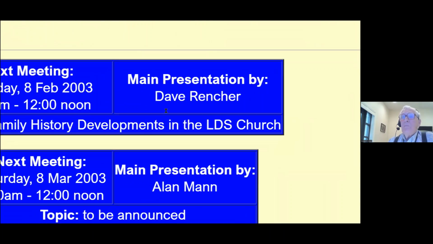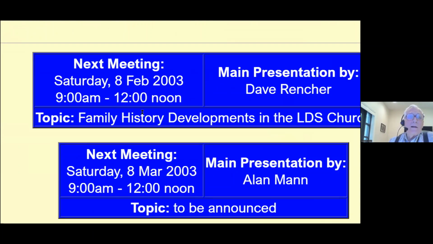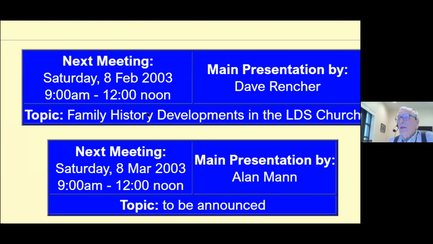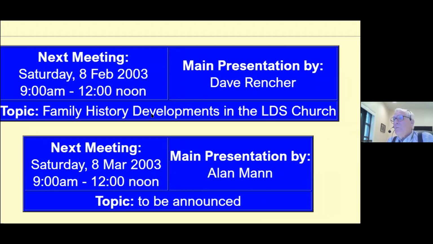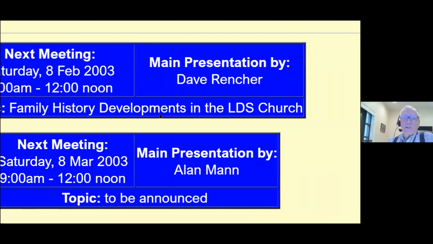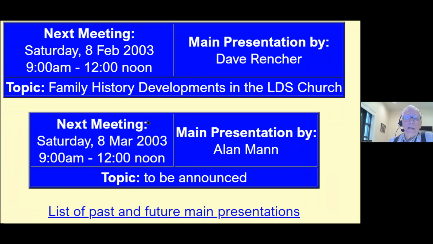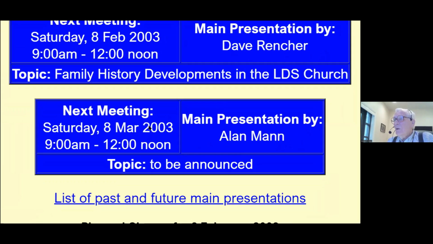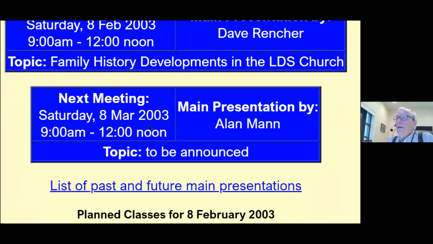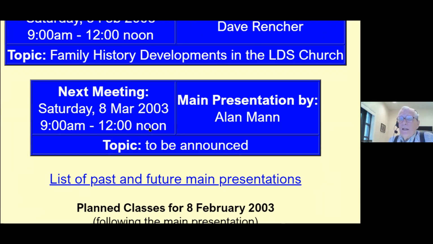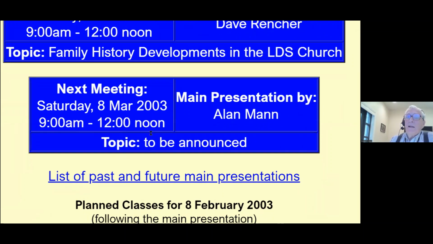He was our main speaker, and the topic was family history departments in the LDS church. And then the meeting after that was going to be in March, and who was going to be the speaker there? Main meeting, Alan Mann. Alan was going to be the main speaker. He was going to talk, to be announced, so we didn't know what he was going to talk about then.